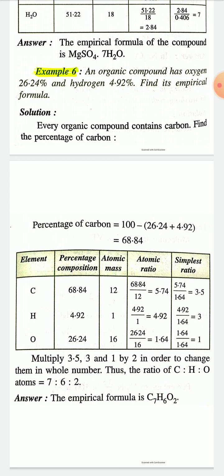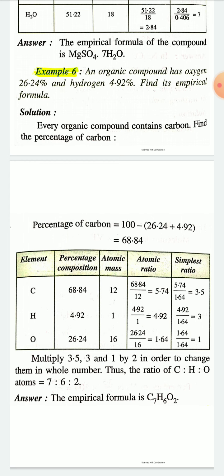Atomic mass of carbon is 12, of hydrogen is 1, of oxygen is 16. So in the next column you have to find out the atomic ratio by dividing the percentage composition by their atomic mass. So atomic ratio of carbon becomes 68.84 divided by 12, that is 5.74.